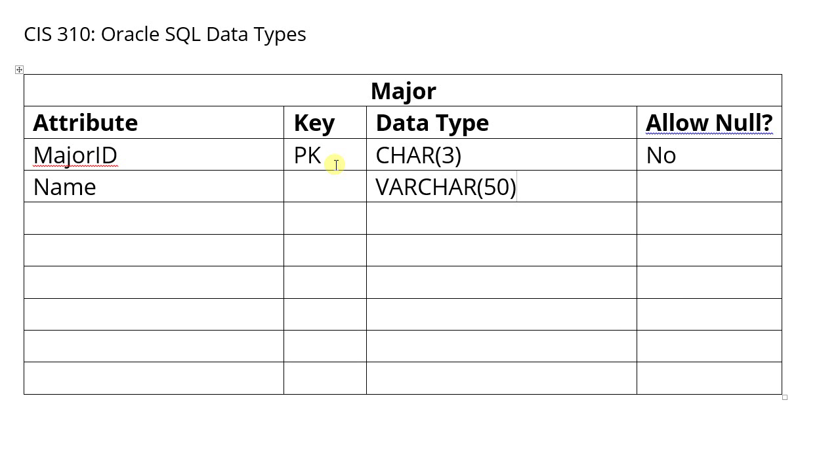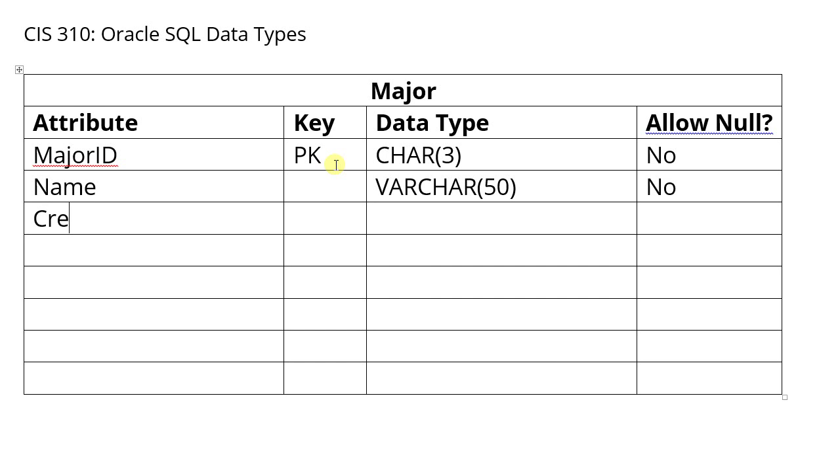If you just look at the number of characters in computer information systems, that's already in the high 20s. And so there's probably other majors out there that are even more characters. So to be safe, I'm going to put an upper bound of 50 characters for a major name. And let's not allow nulls, so if a major's in there, it requires a name.